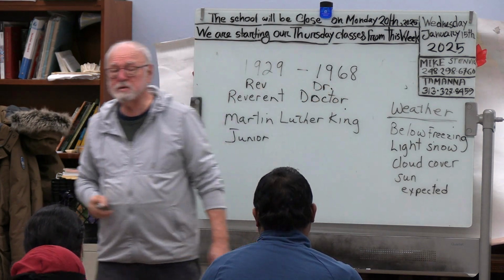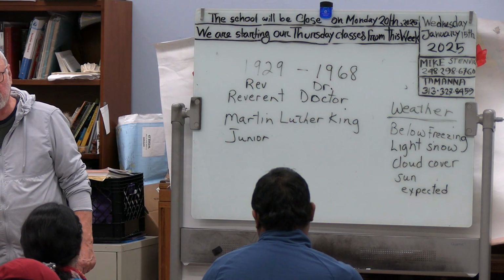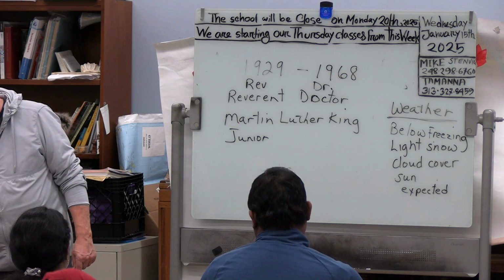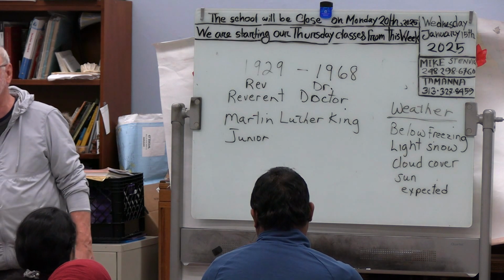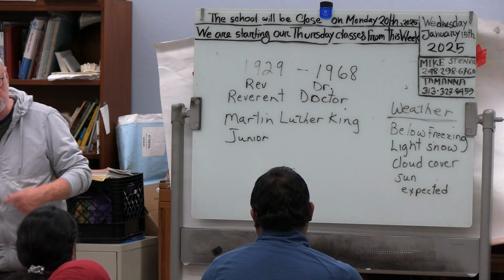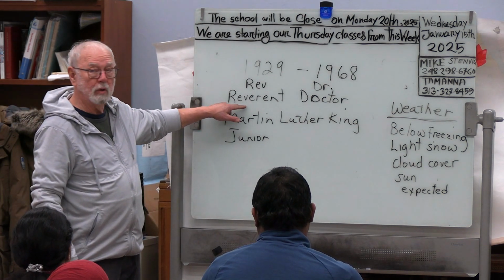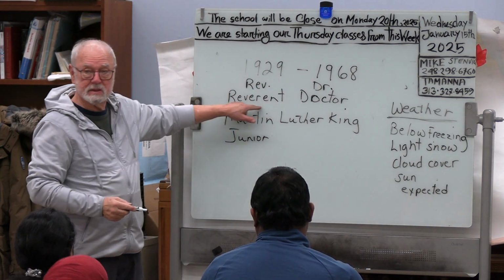Notice there's a couple words here. His name was Martin Luther King Jr. because his father's name was Martin Luther King Senior. Senior, son, junior. This one, Reverend. What is this, reverend?